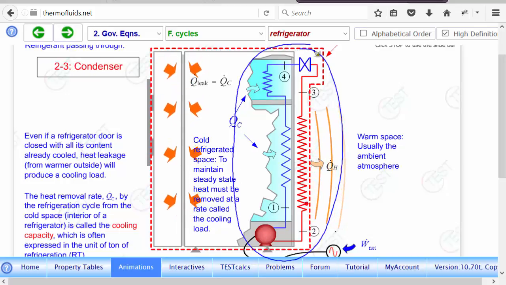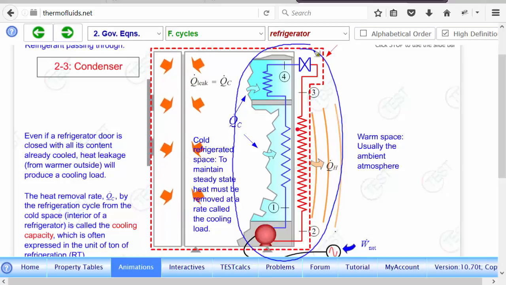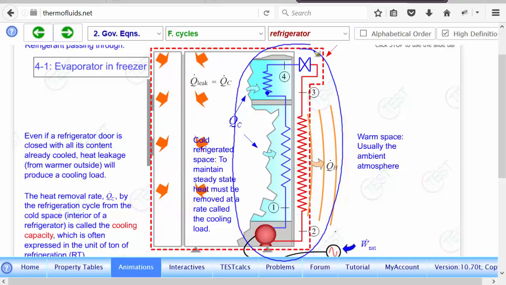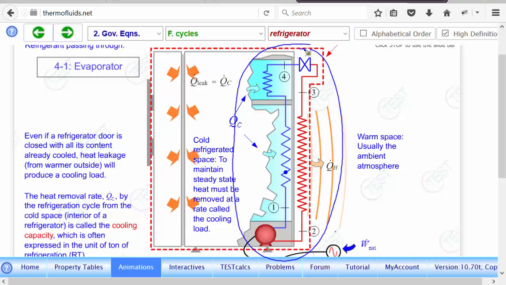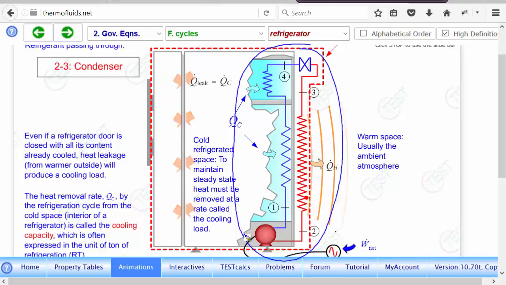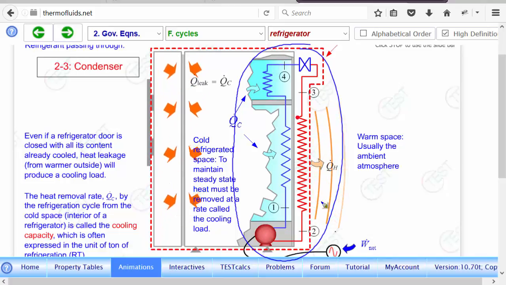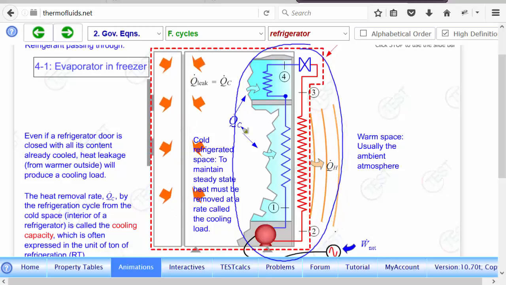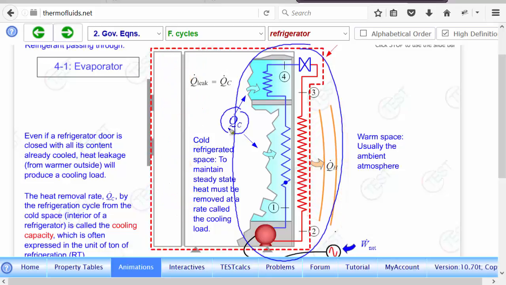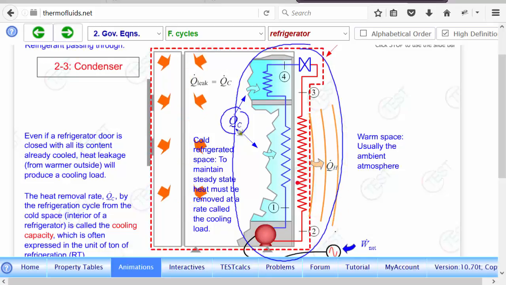And let's try to understand what goes into this refrigeration cycle. A fluid is circulating constantly, keeping this system steady, and its purpose is to extract Q.C from this cold place, which is called the cooling load.